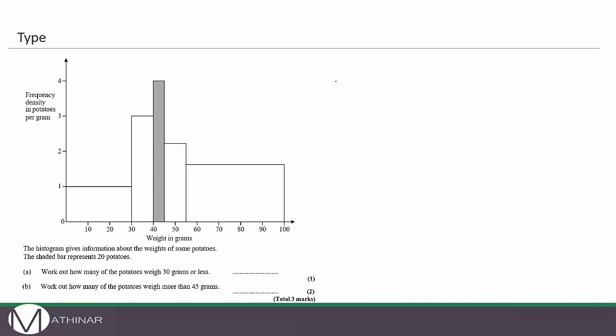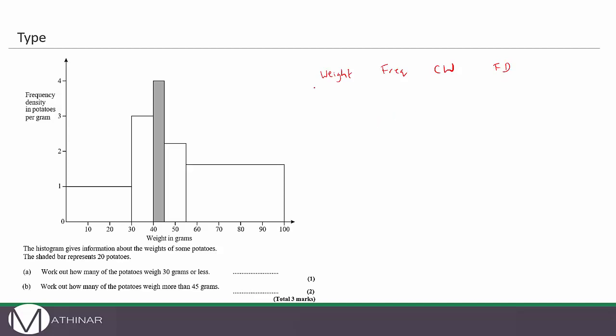So in our table, we will have our weight of potatoes as one column. Then we'll have frequency, class width, and frequency density.